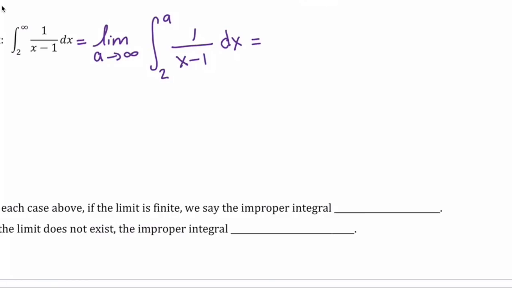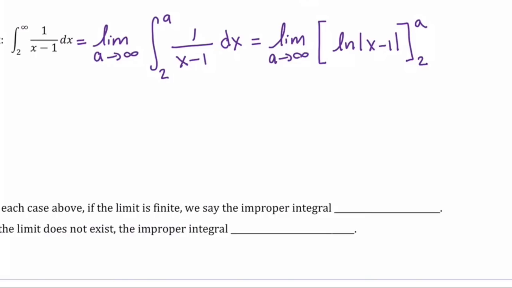At this point, we could write out our u substitution, but we're going to use our u as x minus 1, which means the du would just be dx. We would end up with the limit as a goes to infinity of ln of the absolute value of x minus 1, evaluated from 2 to a.